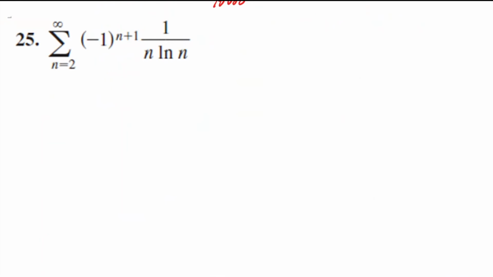Okay, another alternating series. So let's say, oh, we know it's not going to be absolutely convergent, right? How do we know? Well, let's see. Oh, they're starting it with 2, and just this thingy, and ln n, and we want to do an integral test. Do you know how to integrate this?